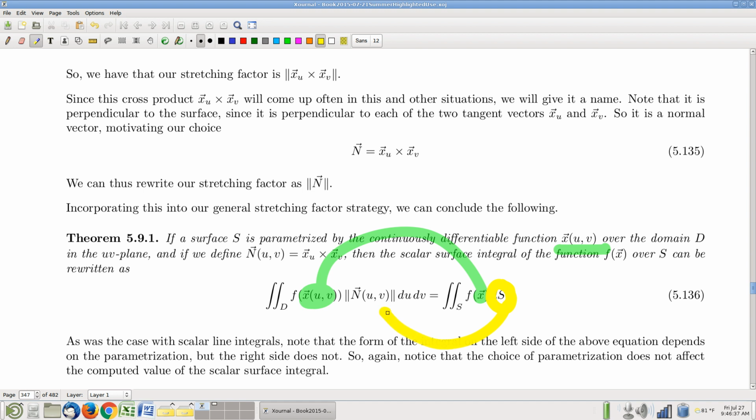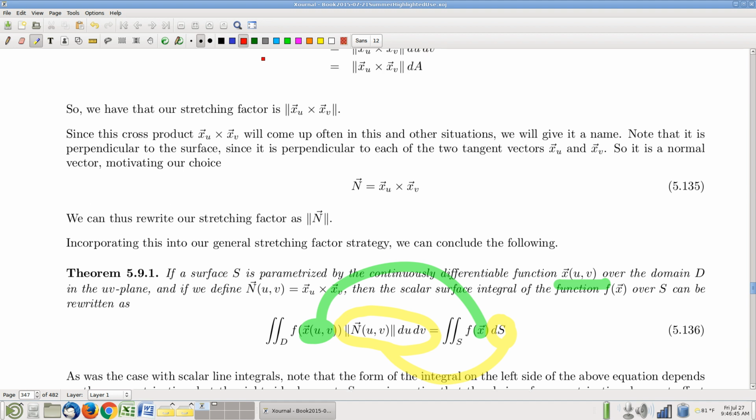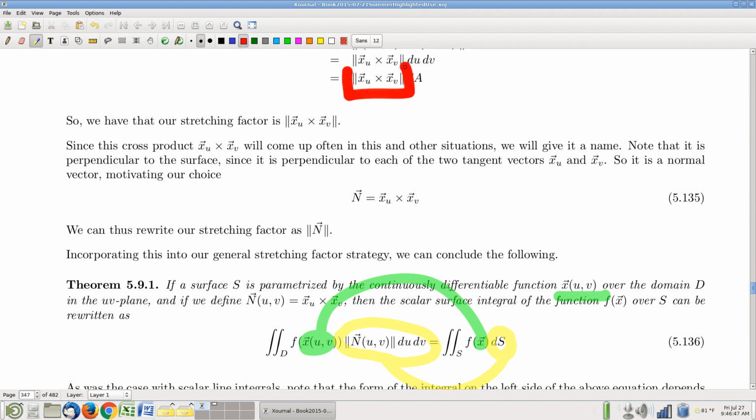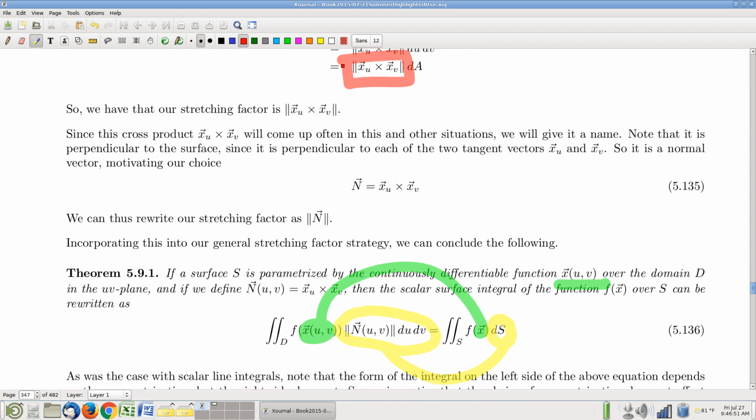What is ds? I can't just rewrite it as du dv. Of course, du dv is a totally different area. But I now know my stretching factor, right? This computation up here, xu cross xv, is our stretching factor. Stick in your stretching factor and you're good to go. So we have a plug-and-chug formula for how to compute scalar surface integrals.